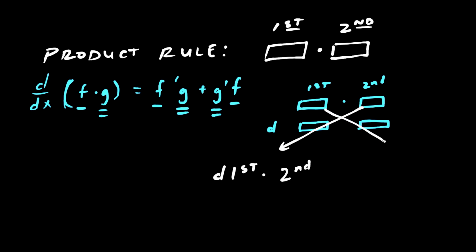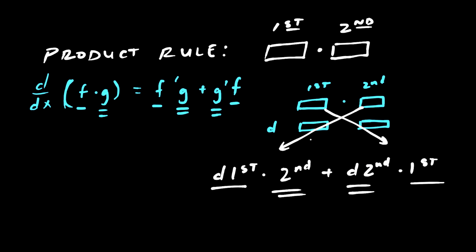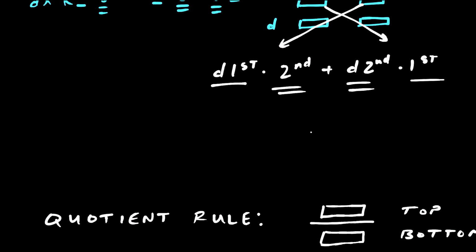And then we're going to multiply across here, and we're going to say plus, and we're going to have the derivative of the second, and that's going to be times the first. And again, we could do that with underlines, first, second, second, first. So we can set up a little chart like that. We'll take a look at how I use this in the following examples.